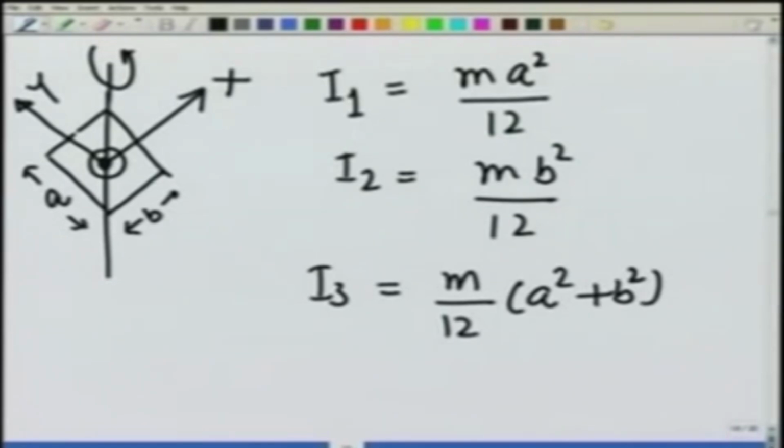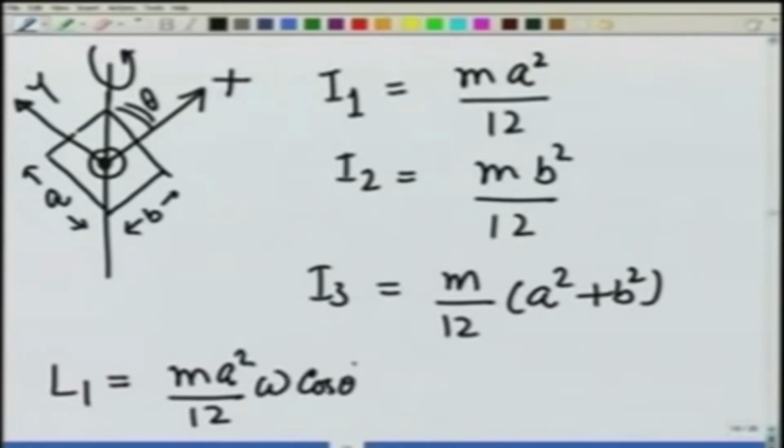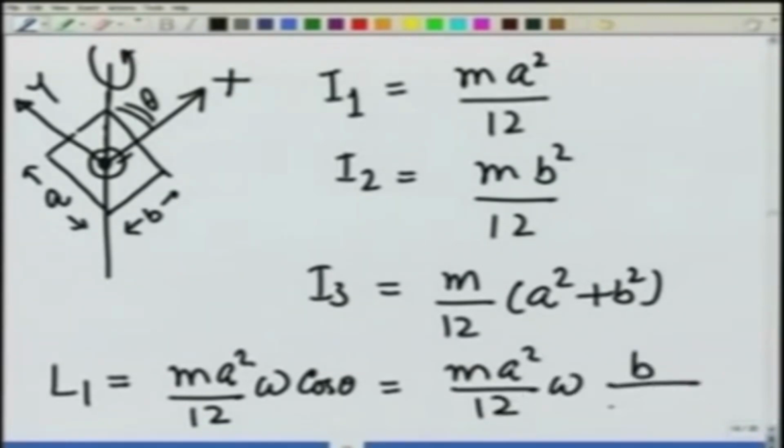And therefore, the various angular momentum components are going to be, suppose this angle is theta, then L1 is going to be m a square over 12 omega cosine theta, and you can see cosine theta is going to be this divided by this, b divided by the square root of a square plus b square.